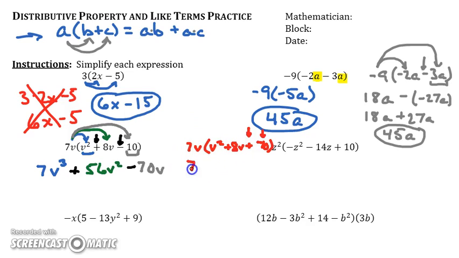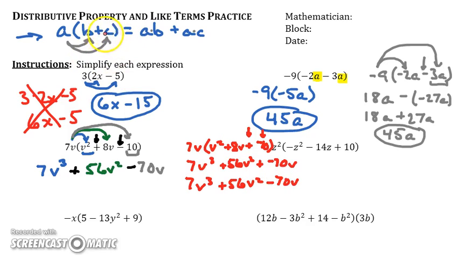So this would be 7v to the third power plus 56v squared, and then I'm adding 7v times negative 10, which would be negative 70v, and then adding a negative is the same thing as subtraction, so that would give me 7v to the third power plus 56v squared minus 70v.